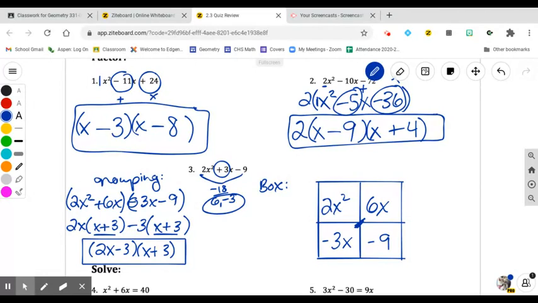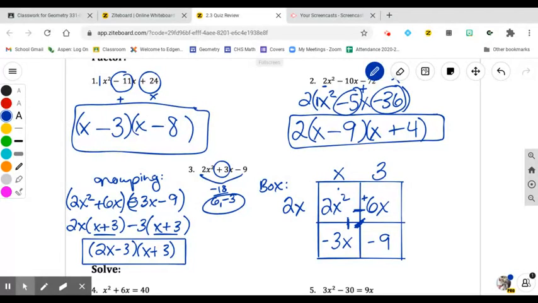Once you have your box set up, you think about GCFs of each column and each row. The GCF of these two is going to go up on the top. So 2x squared and 3x just have an x in common. The sign of it depends on the box that's closest to it. So this box here, that's why it's positive. Now 6x and negative 9 have a 3 in common. Again, positive because the 6 is positive. Now we're going to do these two. 2x squared and 6x would be 2x.